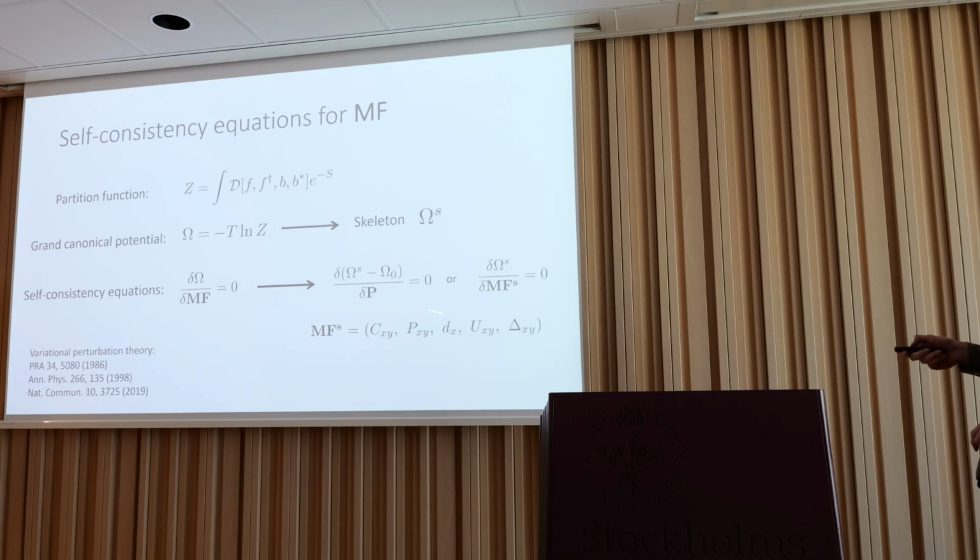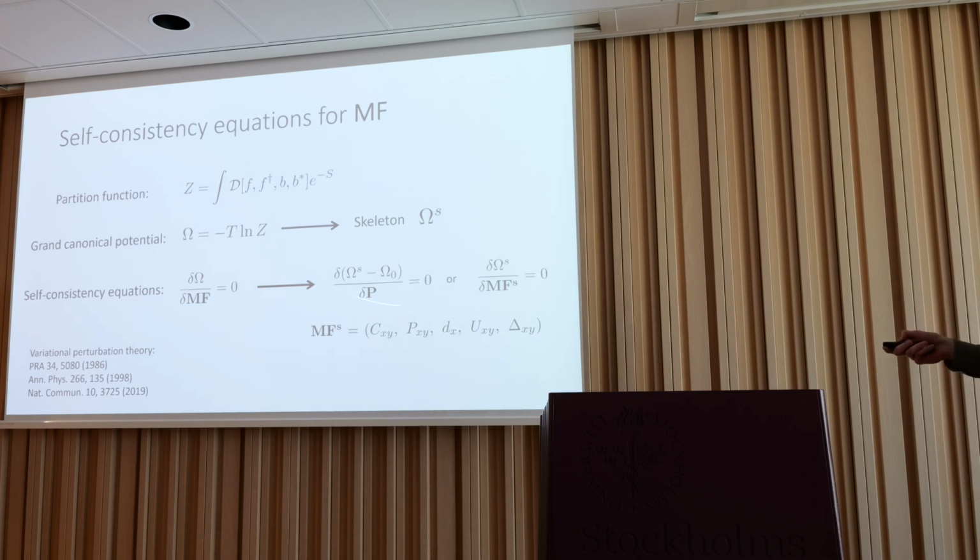Another simplification, which I will not discuss how I obtain, is that it's harder to work with the initial grand canonical potential, but I can use the skeleton version of it. I can remove all the self-energy insertions, and this greatly simplifies the equations. The mean fields are now sums over all these orders in psi, so in this sense it doesn't matter how they separate in the orders.